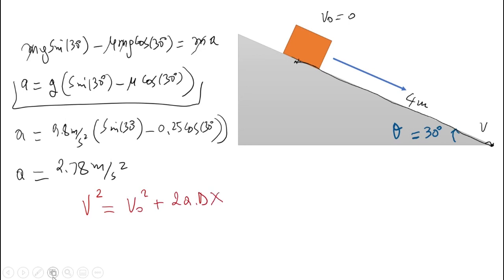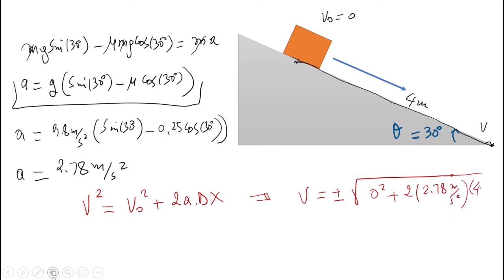We know v0 equals 0. That means velocity equals plus or minus square root of 0 squared plus twice times acceleration, which is 2.78 meters per second squared, times delta x, which is 4 meters.